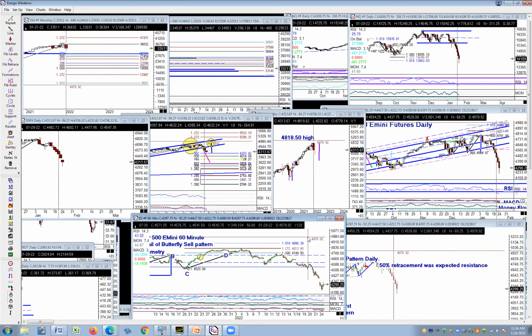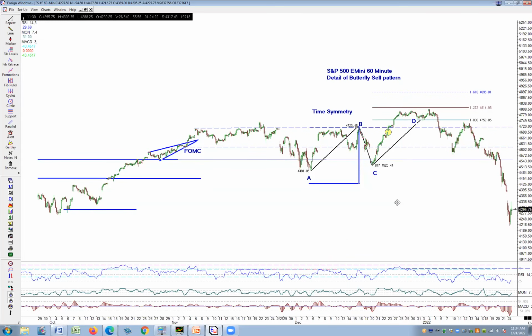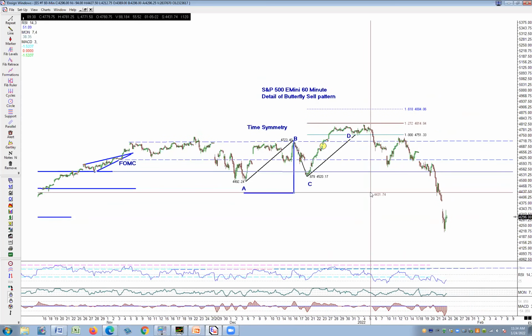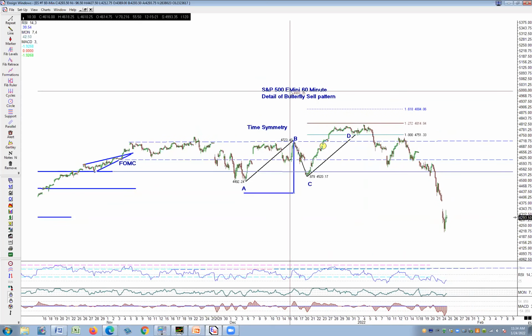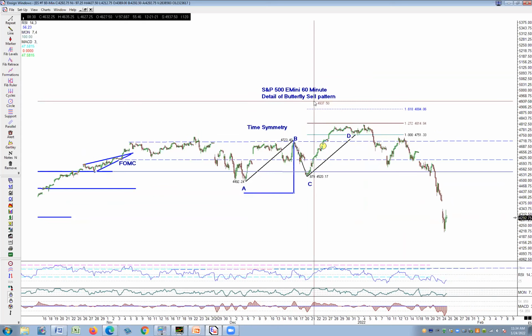Okay, now here's the other thing I wanted to show you. This has to do with the symmetry that I mentioned, the time symmetry, and I'll show you a trick on this. So scaling down to a 60-minute chart, this is a detail of the butterfly sell pattern that we looked at.